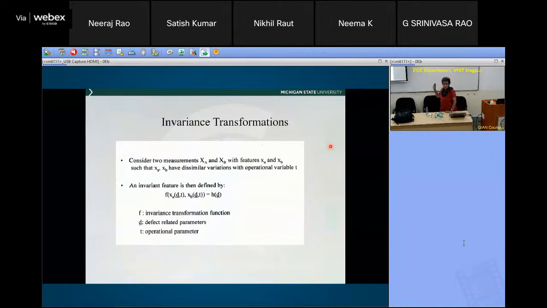T is any parameter that is not relevant, and D is a defect parameter. I take two measurements, xa and xb, and this function f can be estimated so that my resultant signal is a function of D alone and independent of T. So you do some extra work getting another measurement, but you can actually do this.